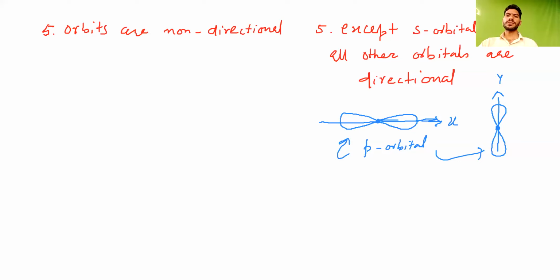But orbits are non-directional. Okay, the next difference, which is a very important difference, is how many electrons can be accommodated in an orbit.